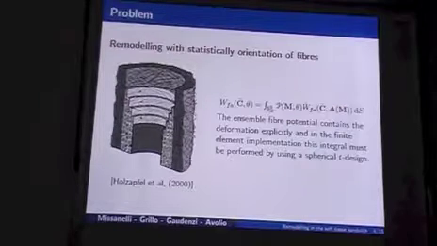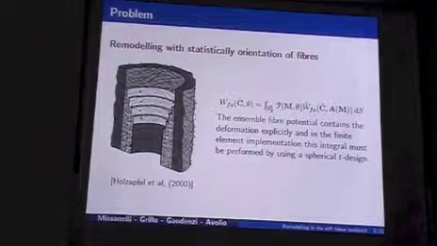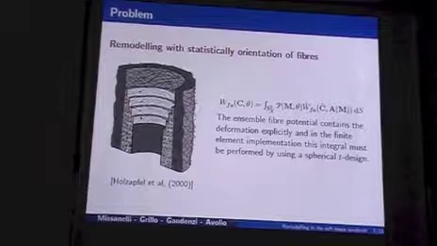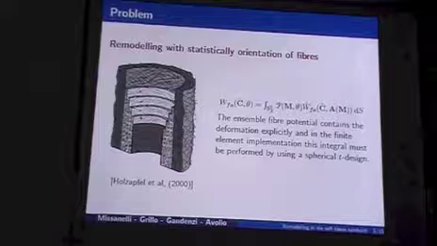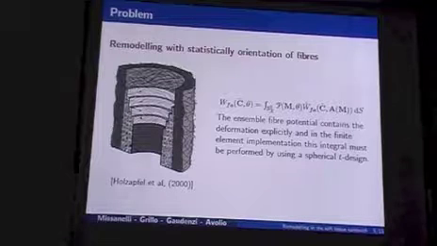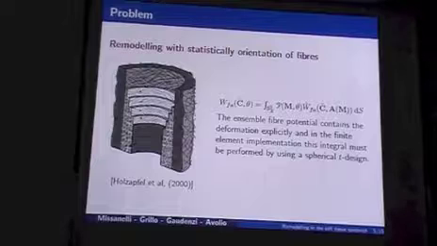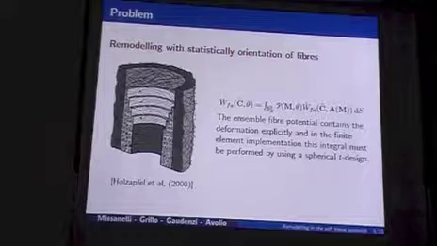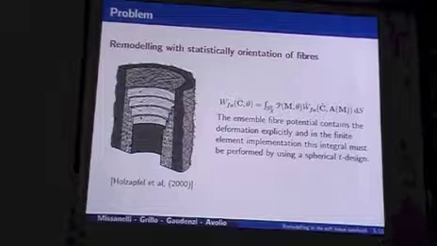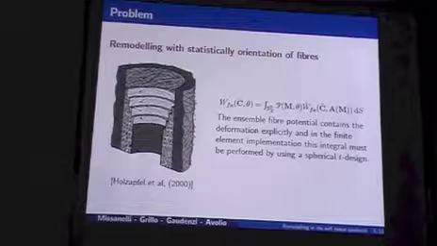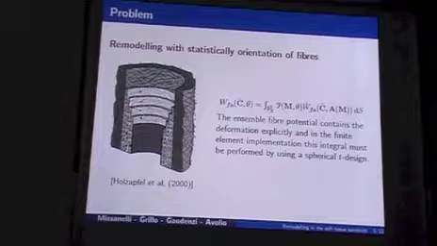In particular, we take the matrix as an isotropic material, so the anisotropy comes from the fiber. We choose to model the fiber orientation with a statistical distribution in order to get better results in the mechanics of this tissue.